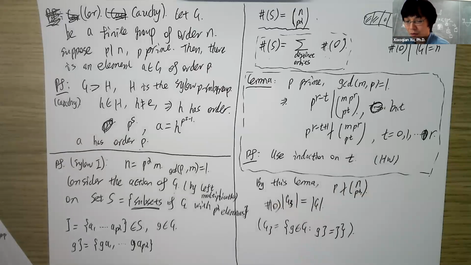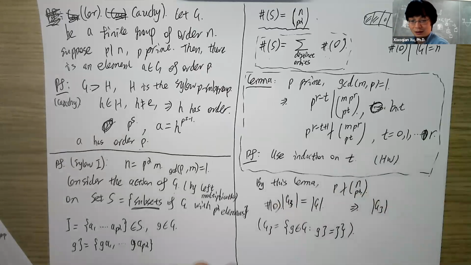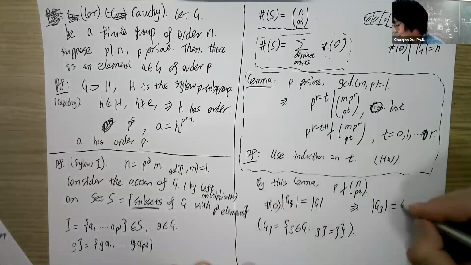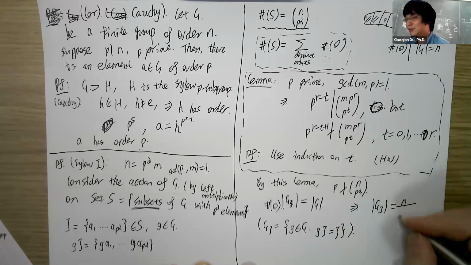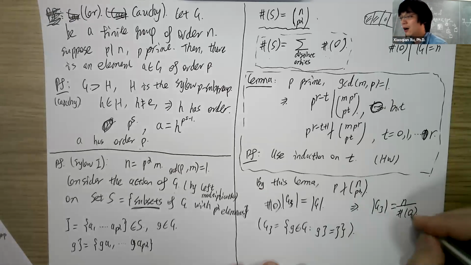So that means the order of G_C equals n divided by the number of elements of the orbit of C.